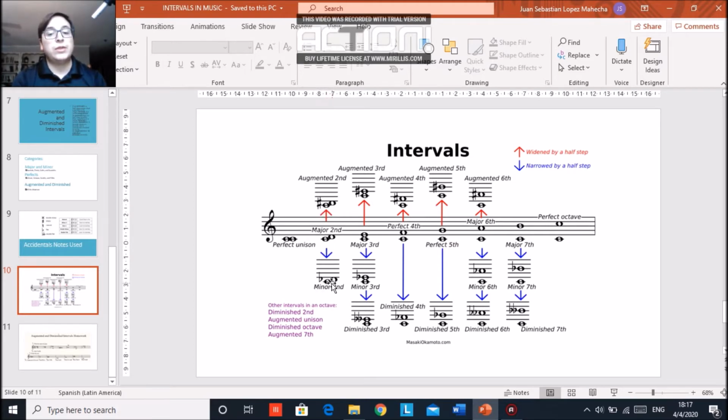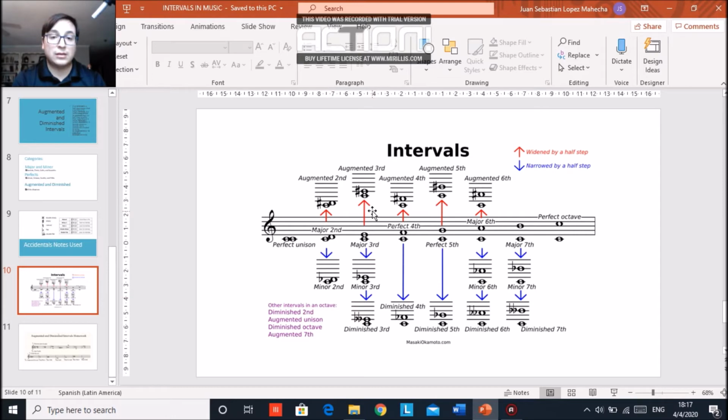Or if we turn the D natural and we add a flat, D flat, it's gonna be a minor second. Now if we take that minor second, that D, and we add a double flat, so we have C and a D double flat, that's gonna be a diminished second.